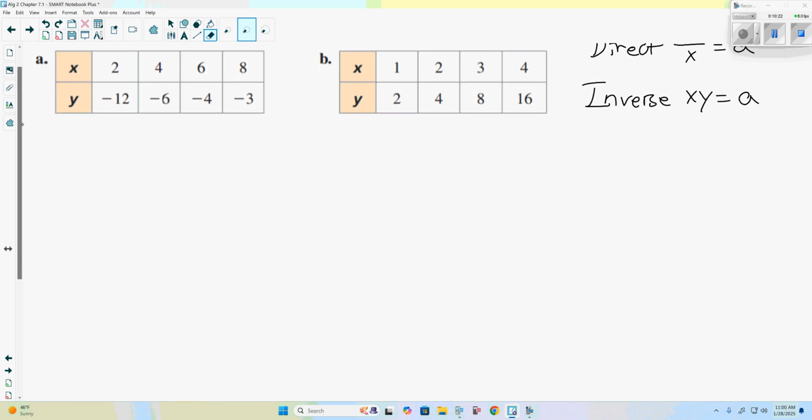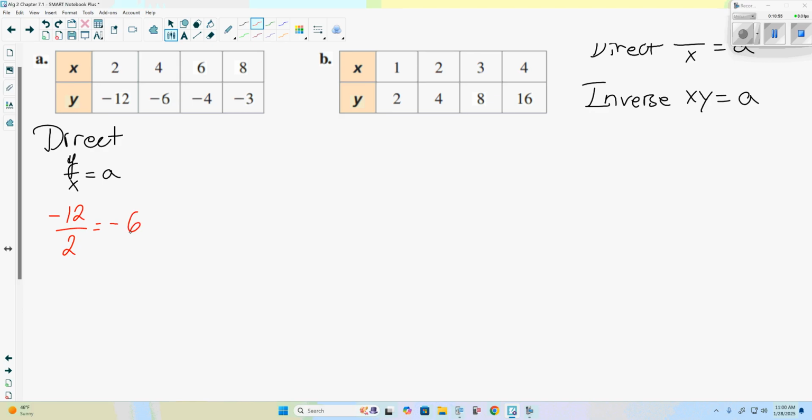So if we looked at direct variation, y over x is equal to a. As we take each y value and its corresponding x and divide it, we should get the same amount if it is direct. So if we look at the first number, the y value is negative 12 and the x value is 2. What's negative 12 divided by 2?